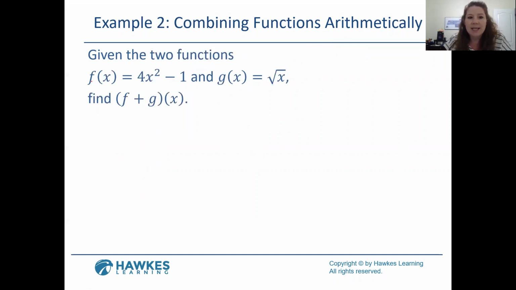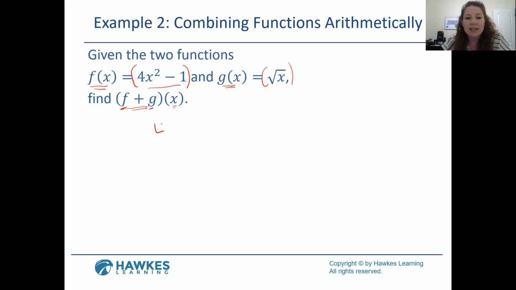Now this time it says f of x is equal to this expression, and g of x is equal to square root x. It says find f plus g of x. Well, this is f of x and this is g of x. So they just simply want us to take f and add it to g.